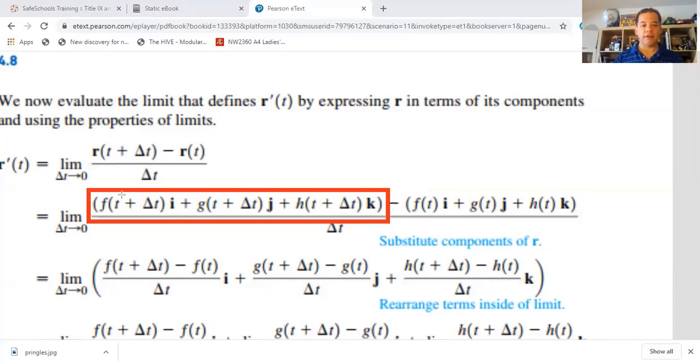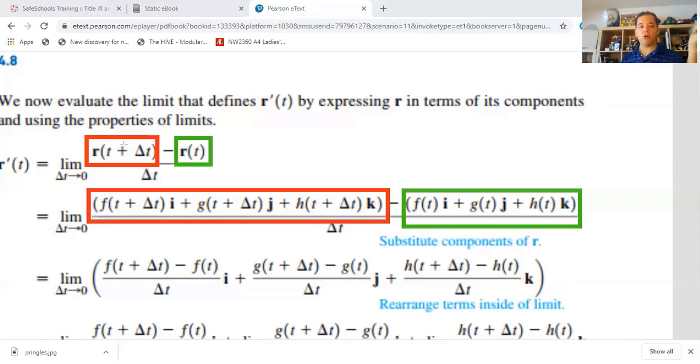So the i is the x component, the j is the y component, and the k is the z component. This red one corresponds to this one. And then the next one that I'm going to draw corresponds to the green one, the r of t, and that's this one over here. All of that is divided by delta t.